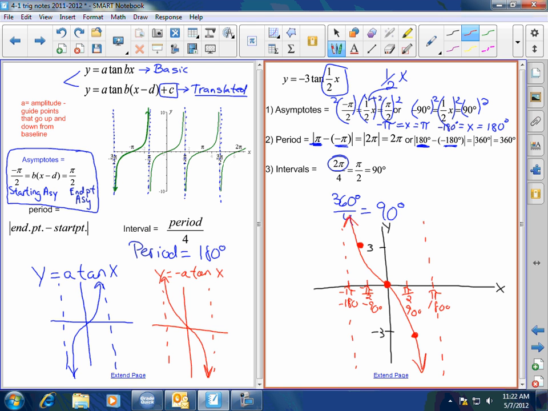I'm not looking for Picasso, but I do not want a straight line. I will not accept that. I'm going to be fair. I don't need it perfect like it came from a graphing calculator, but it is not a straight line.